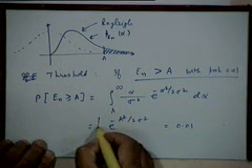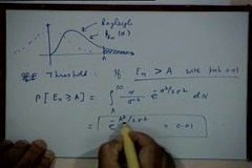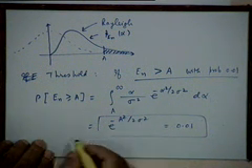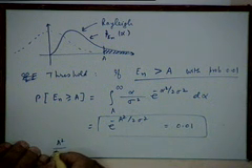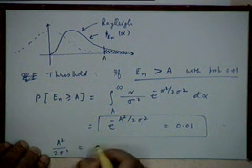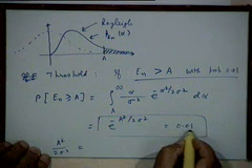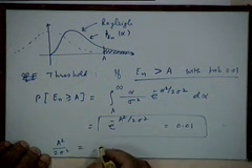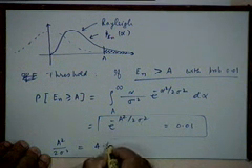Now from this we can calculate the corresponding value of A square by 2 sigma square. That means A square by 2 sigma square should be the natural log of this, right, and that turns out to be 4.605.